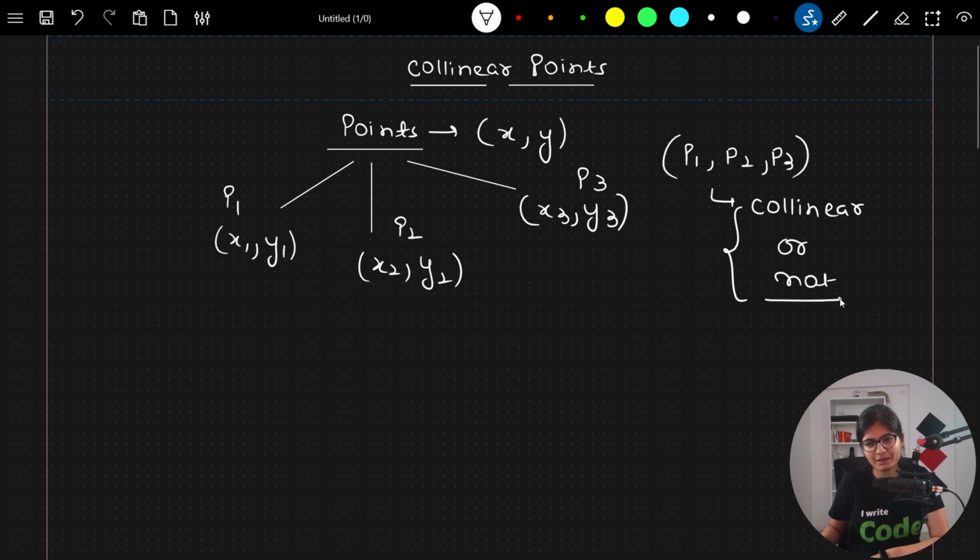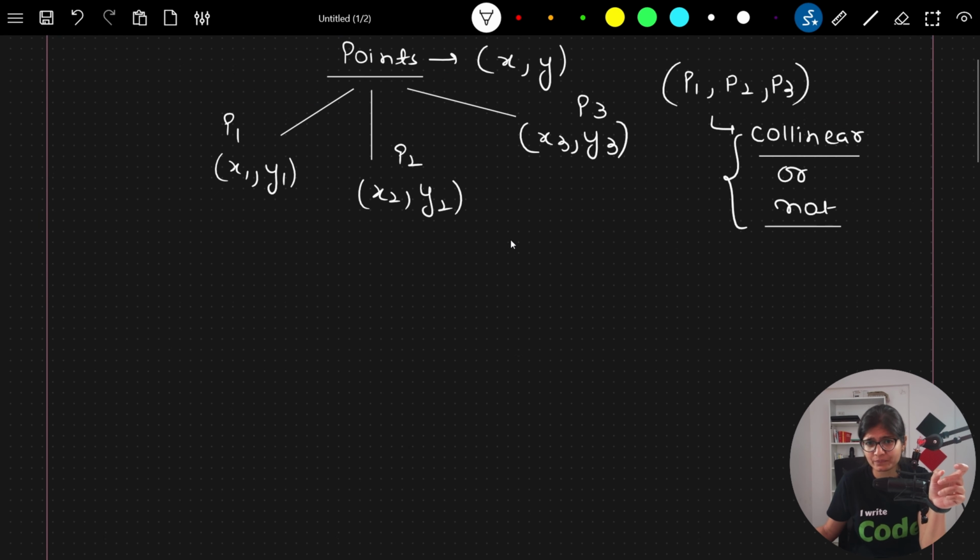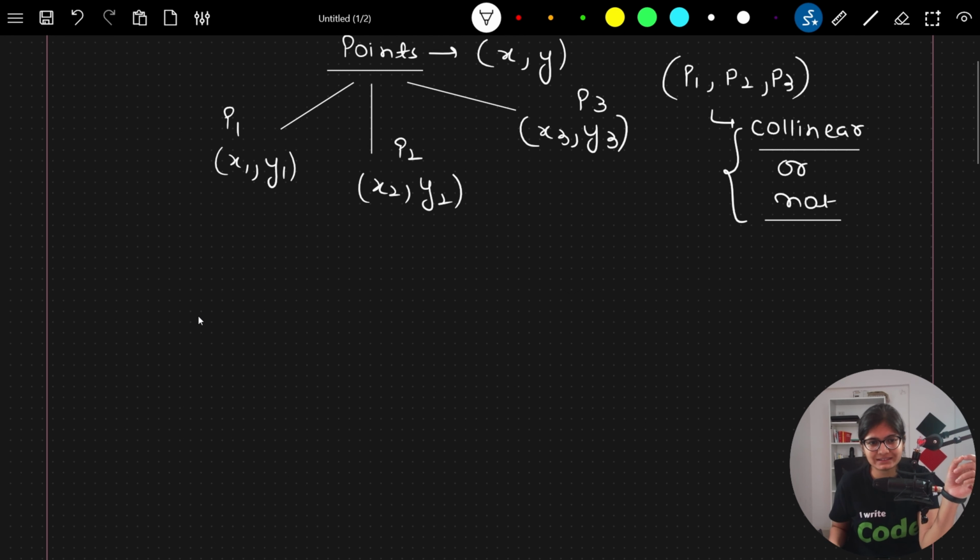So basically what do we mean by collinear? It means they are lying on the same line or not. Now, from our 10th and 12th classes, we have this concept that whenever the points are collinear, can you think of an approach with respect to the slope? I hope you know that the slope of the points will be equal.